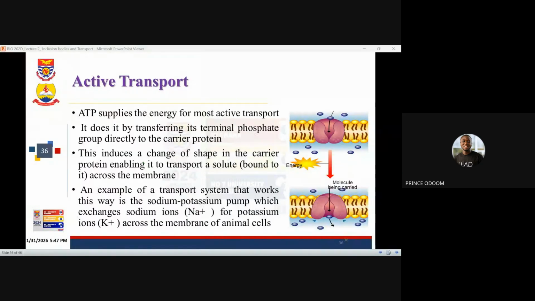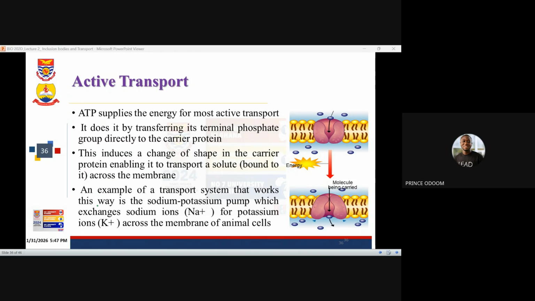When it's released, it releases energy, and when the terminal phosphate leaves, it becomes adenosine diphosphate, which is what? ADP. It transfers the terminal phosphate group directly to the carrier protein. This induces a change of shape in the carrier protein, enabling it to transport a solute across what? The membrane. Are you getting it?